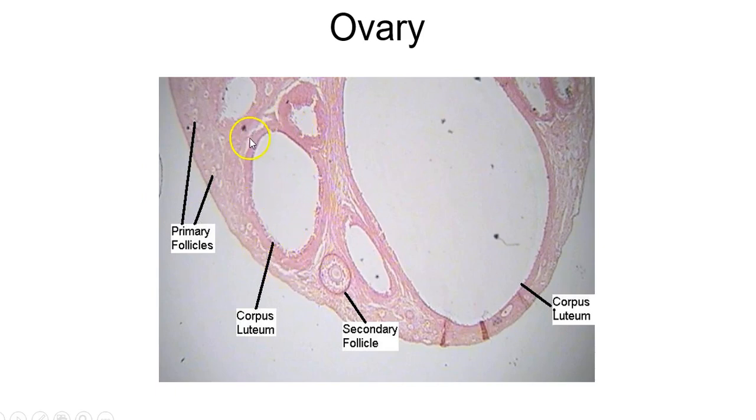Those cells forming that lining will begin to produce hormones in preparation for pregnancy. If the pregnancy does not occur, the corpus luteum fizzles away, and this whole process starts up again with another primary follicle taking off, developing to a secondary follicle, which then becomes the Graafian follicle, which then releases the oocyte, and we're back to corpus luteum again.